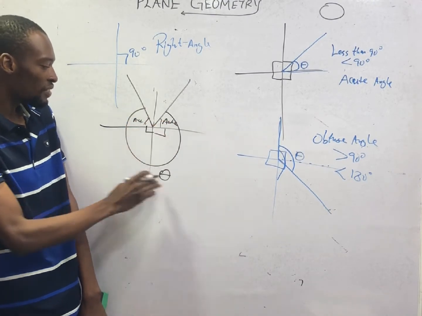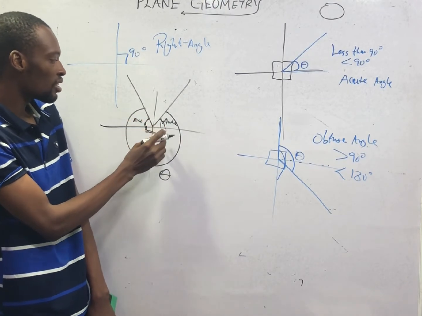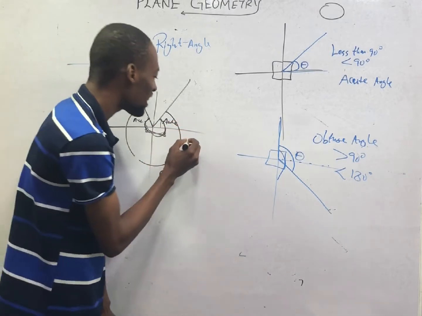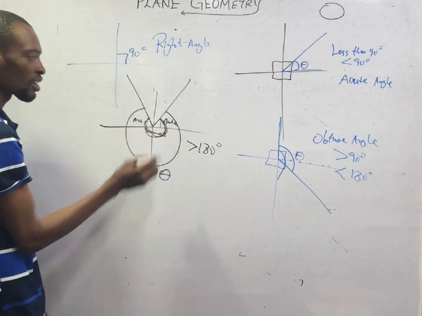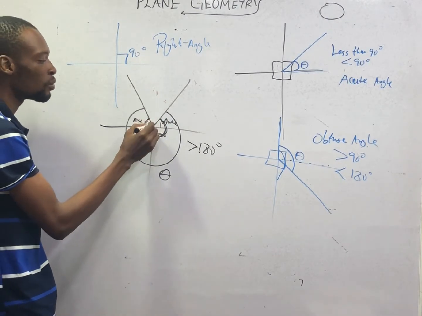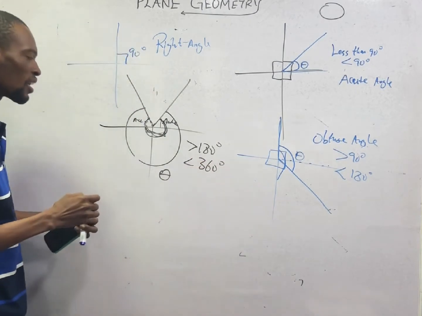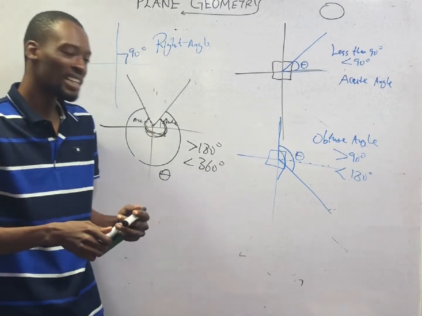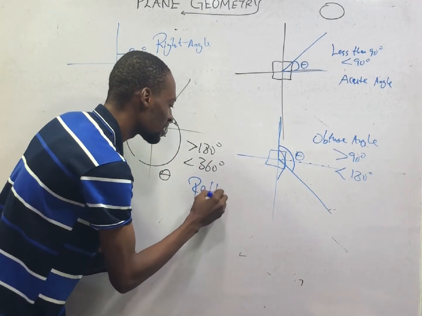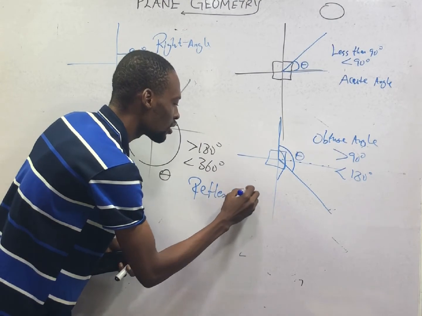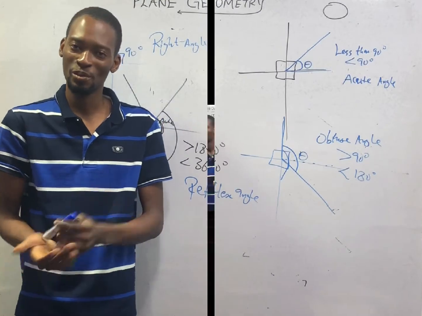Therefore, when you add everything here, since here is 180 and we have addition and addition, everything here is greater than 180 degrees, obviously, as you can see. However, it is not a complete circle, which means it is lesser than 360 degrees. So any angle greater than 180 degrees but lesser than 360 degrees is referred to as a reflex angle.